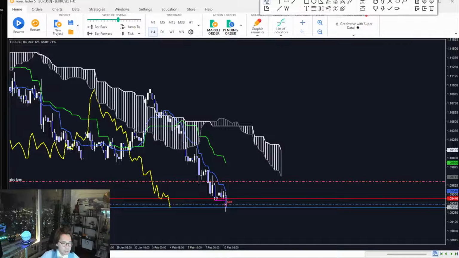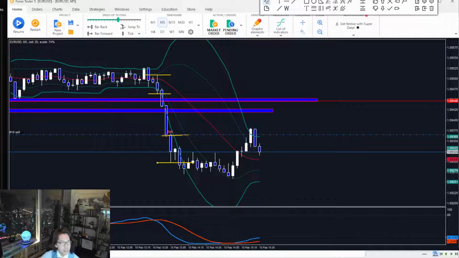Okay, so M5 is now consolidating. It may be bullish, like this way. But when it does, I will tell you the logic behind when to exit my trade with some small losses. But so far, the market went down and consolidated, then bullish.